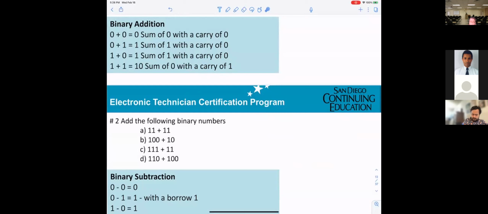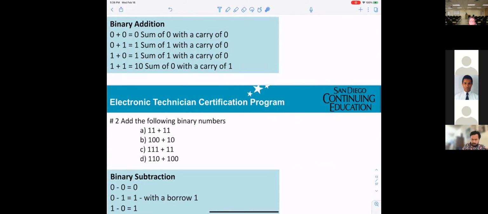What does it mean for carry to equal 1? It carries over to the left, the twos digit. I can give you one example here: one adding to one.